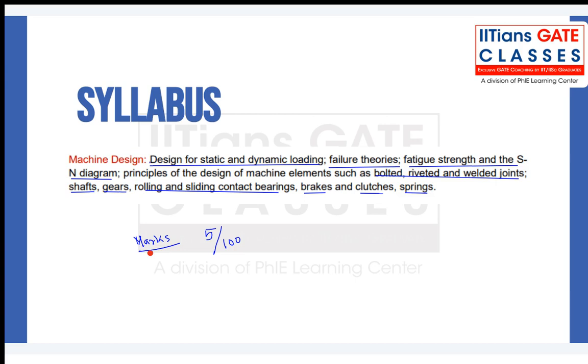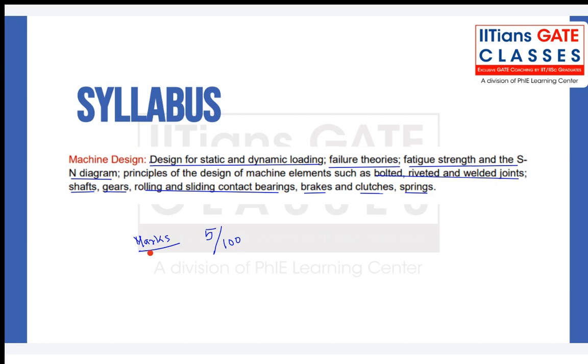What about books? Do you need to follow any reference books? I won't suggest you give time to reference books for this subject. Yes, you can purchase reference books for strength of materials, for thermodynamics, and all other subjects. But I will say the class notes will be good enough for you to get all the marks in this subject.